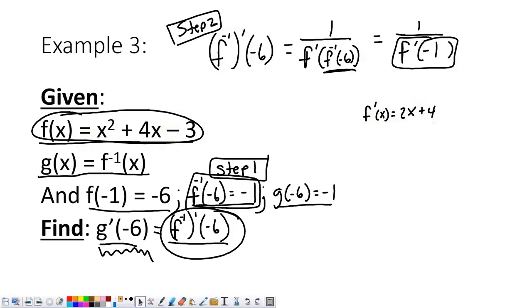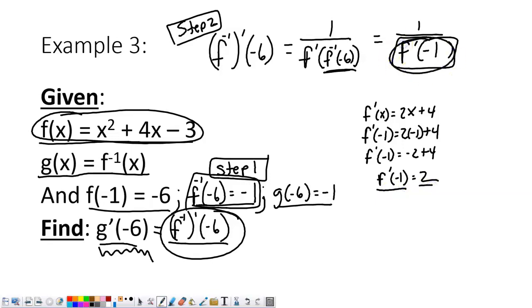And now, since I want to find f prime of -1, I'm going to plug in -1 to the derivative. So I get 2. And so since f prime of -1 is 2, I can replace f prime of -1 with 2, and we have our answer.